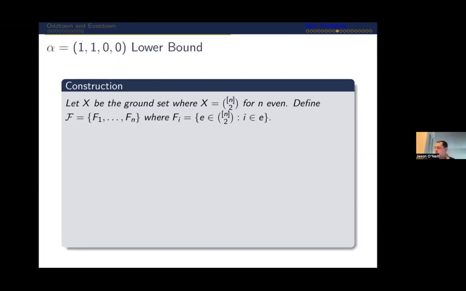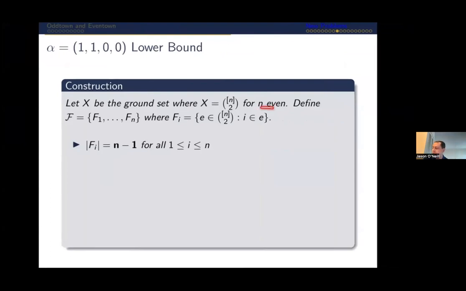So a construction is to have your ground set be the edges of the complete graph. And here we need n to be even. And now I'm going to define a family where each set is the collection of edges that contain a given vertex. Okay, so let's take a look at this family. The sizes of the sets from the family are going to be n minus 1, because there are exactly n minus 1 edges that contain a given vertex.